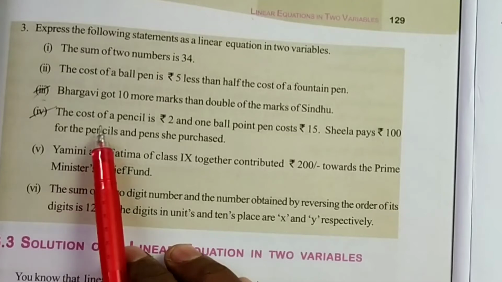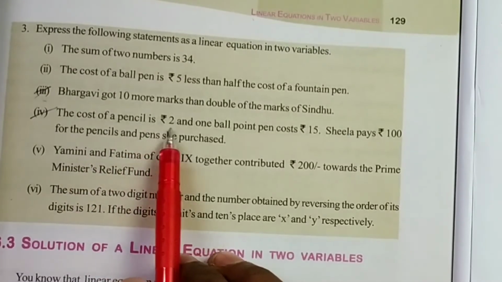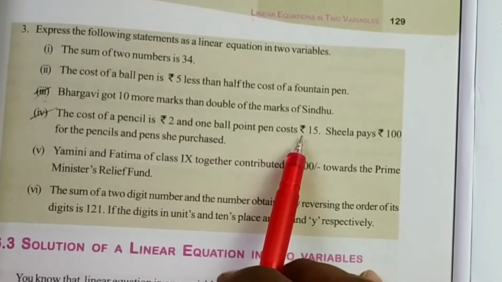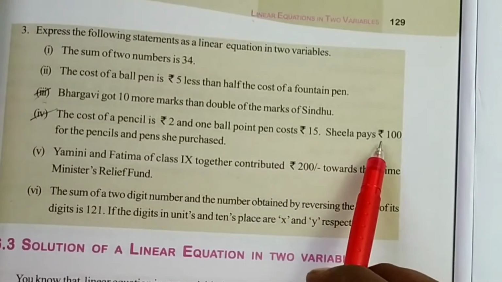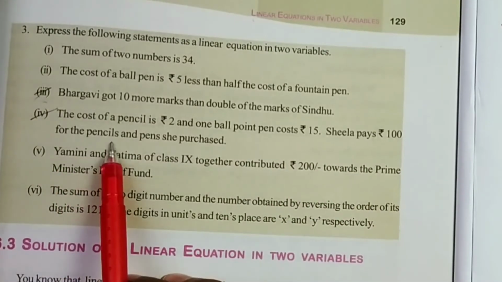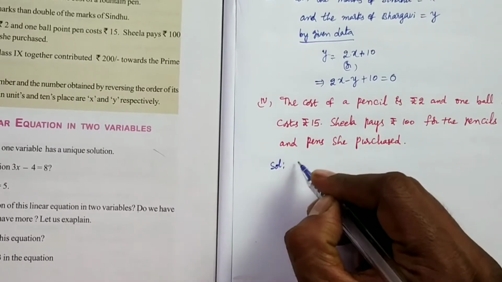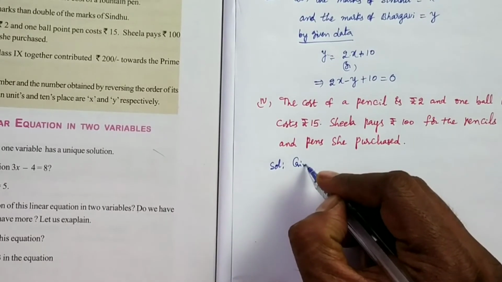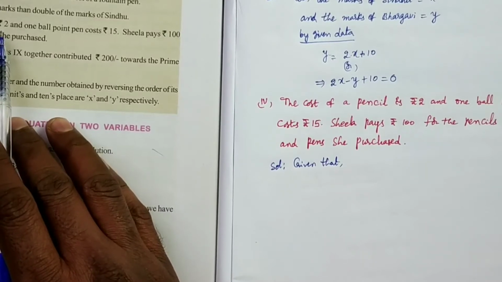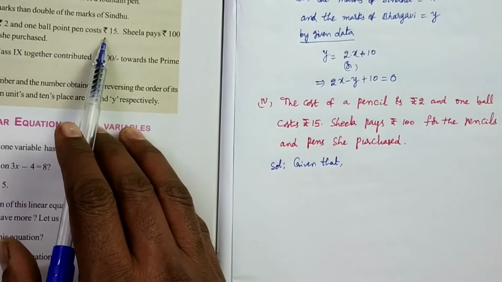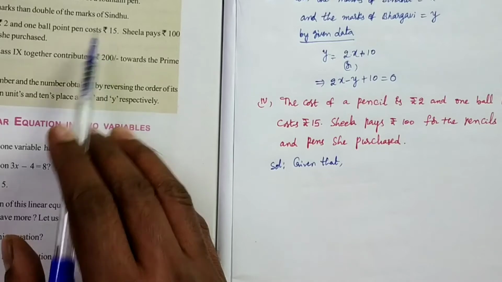The fourth question is the cost of a pencil is rupees 2 and one ballpoint pen costs rupees 15. Sheila pays rupees 100 for the pencils and pens she purchased. Here solution, given that the cost of a pencil is rupees 2 and the cost of a ball pen is rupees 15.